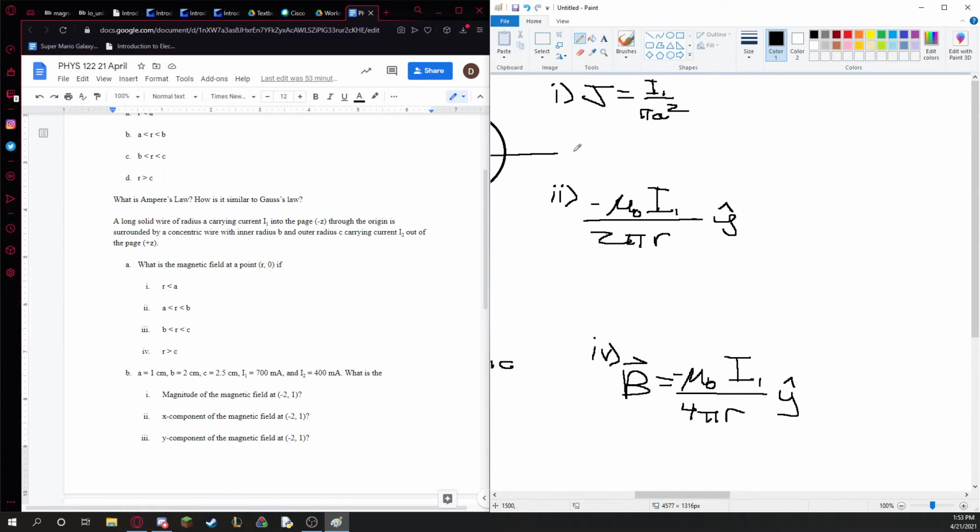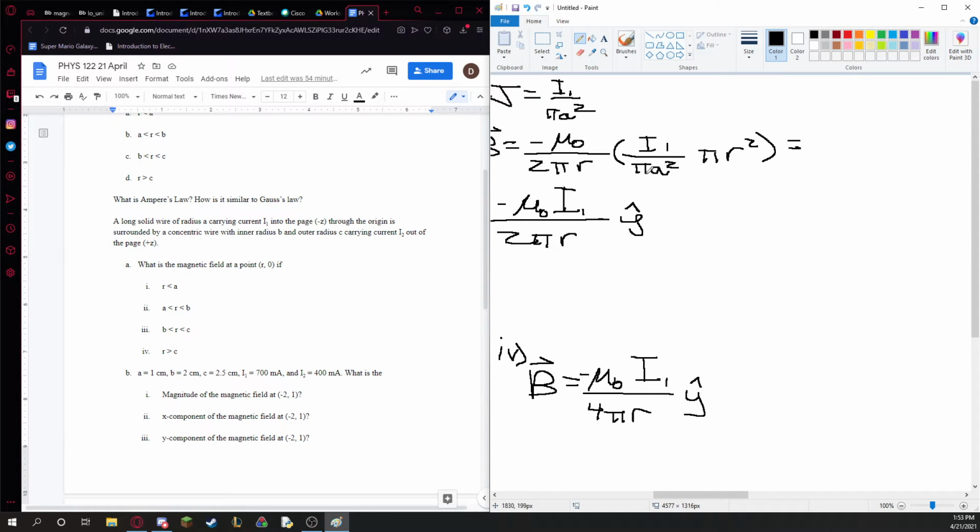So then our magnetic field is equal to negative mu naught over 2 pi r times our enclosed current, and we get our enclosed current by multiplying our current density times the enclosed area. That's I1 over pi a squared, our current density, times the enclosed area, which is pi r squared for whatever radius we're at.